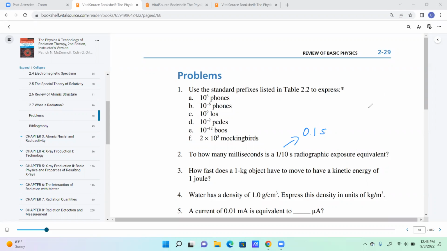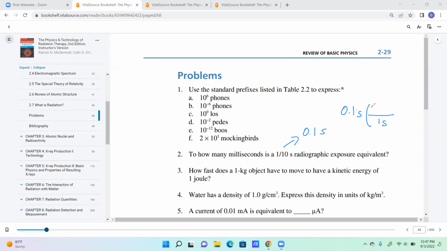Well, we know we have 0.1 seconds. There is 1 second, which is the unit that we want to get rid of. This comes out of dimensional analysis. If you're looking to get rid of a unit and replace it with another, you have to multiply by a conversion factor.